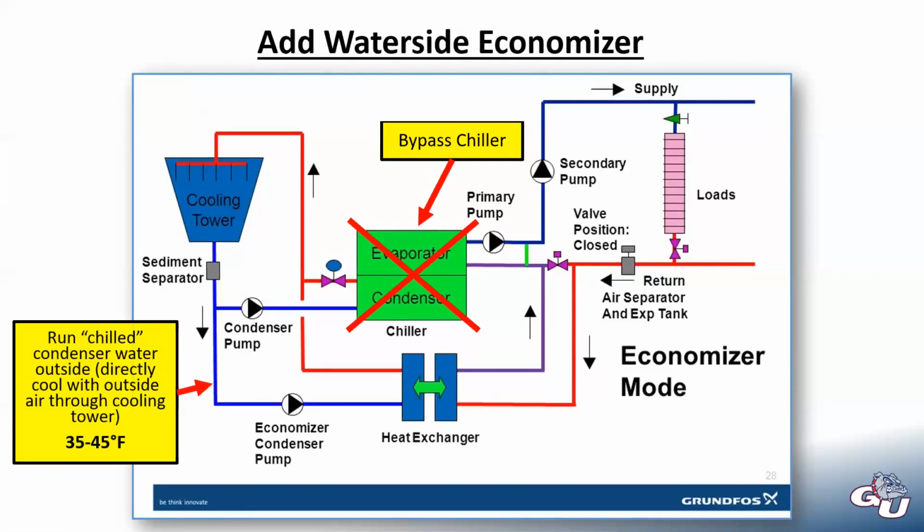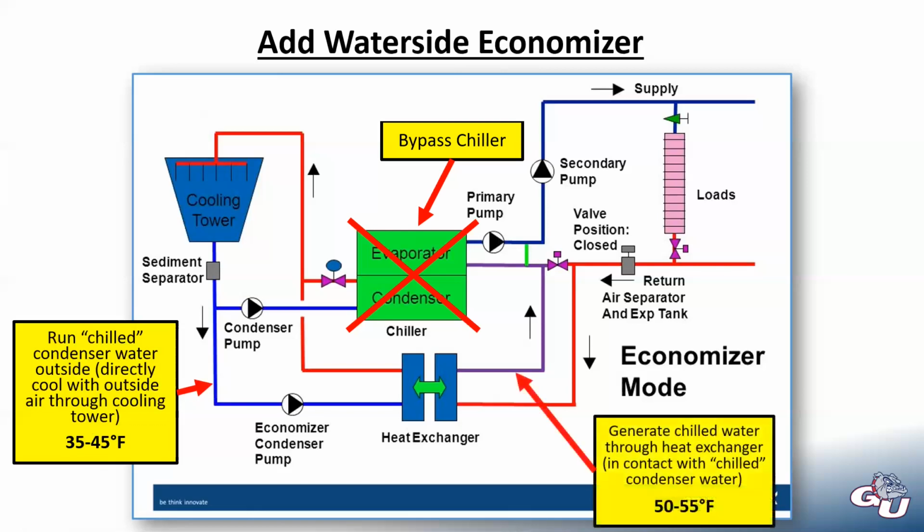So we're going to directly cool that water through our cooling tower, through that cold air, and make this side of the loop nice and cold, 35 to 45. And then through that, we can make chilled water through this heat exchanger. It's not going to be as cold as our normal chilled water operation, but when we're using a water side economizer, we generally don't have a high cooling load anyway.